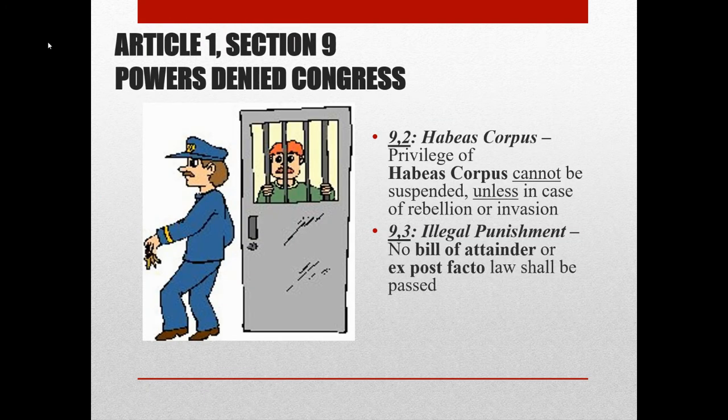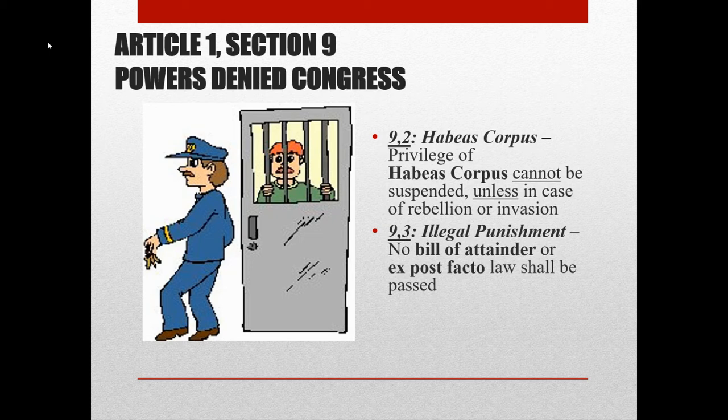So to look at that, there are a couple vocab terms you want to have down regarding powers denied to Congress, which protects your civil liberties and rights. Habeas corpus I want to talk about, and then bills of attainder and ex post facto. Habeas corpus, its literal translation means to have or to hold or produce the body.